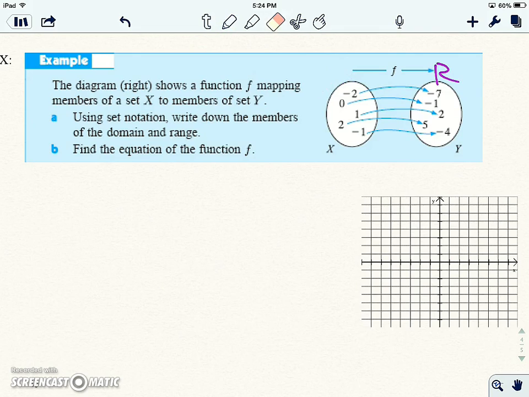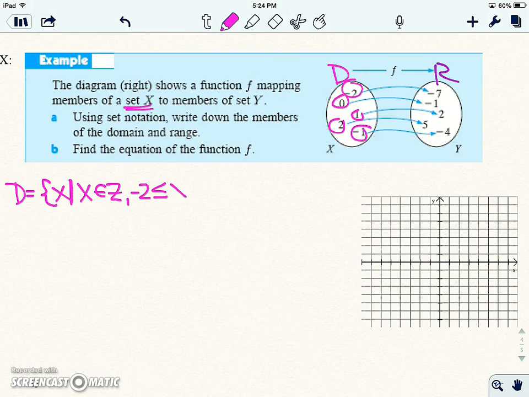So for the domain, remember this is set notation, we just learned this, the domain is made up of x's such that x is an element of the integers, because they're positive and negative numbers plus 0, and it's the numbers between -2, including -2, up to 1, including 1. The other way to write it would be x such that it's -2, -1, 0, and 1. So you could also just list them out.